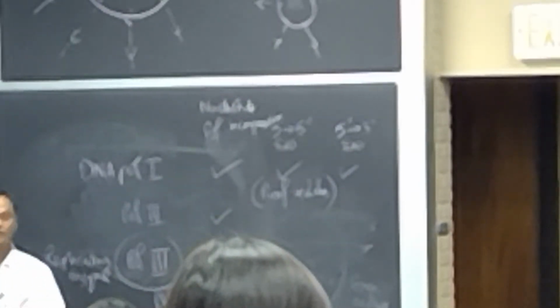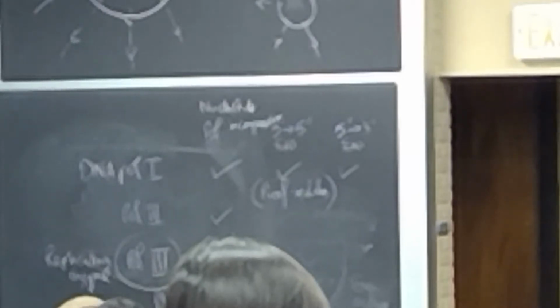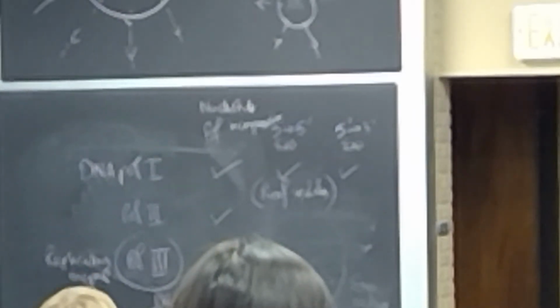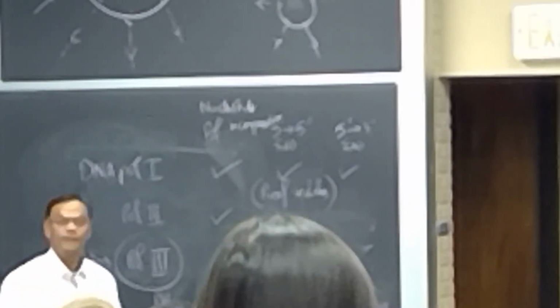Correct? Proofreading. So what is the function of 5' to 3' exonuclease activity? This is the replicating DNA polymerase present in the replication fork. So you need the nucleotide incorporation activity as well as proofreading activity, because if there is a mistake, it needs to be taken care of. Does it make sense? So what is the function of 5' to 3' exonuclease activity?